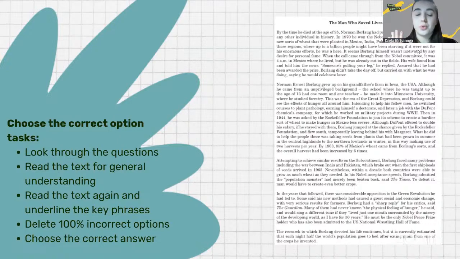So there is a question that checks your general understanding, not just specific questions about the details. Of course, we will have some parts where we need details. For this part, we need to read the text again and underline the key phrases. Because when you understood the text, you can see, here he is talking about his school, he's talking about, I don't know, some results.